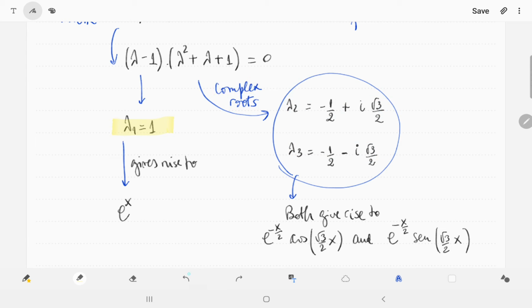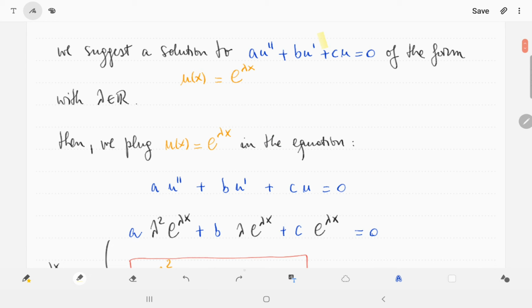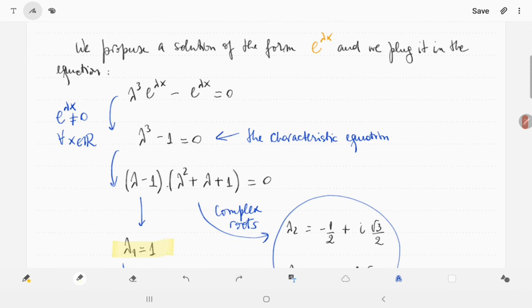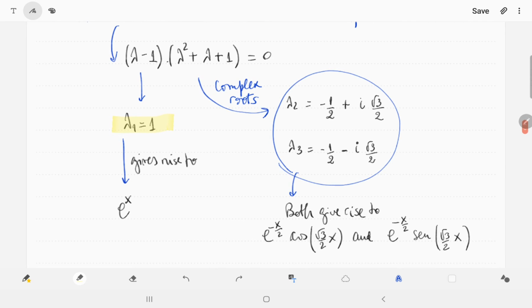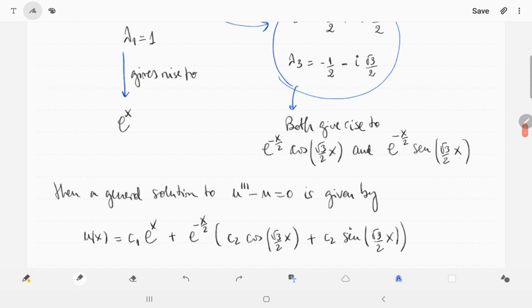So what we have here is that this lambda 1 will give us this solution e^x, and then each time I find two complex solutions, I put them together to find these two real solutions.